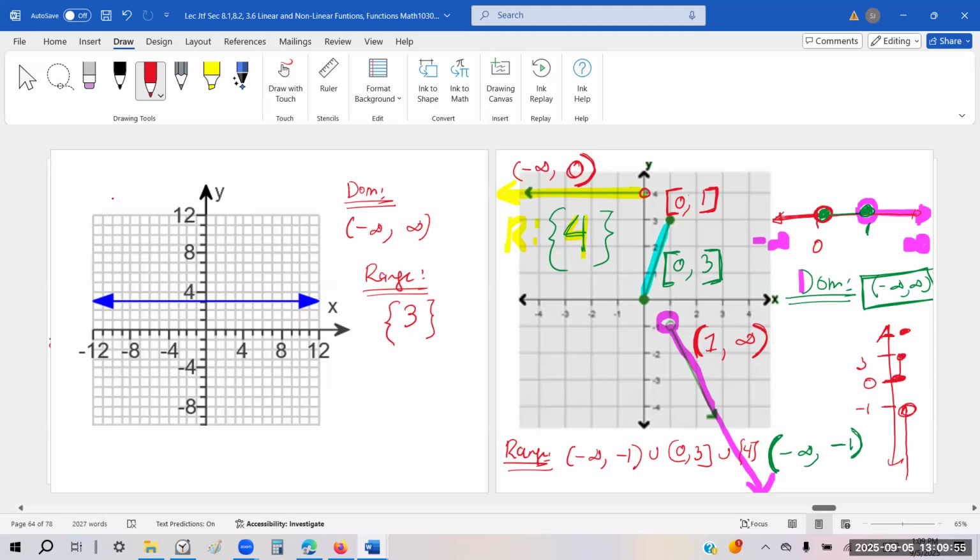It skipped a number and then started its journey again. Since it skipped, you cannot combine the two journeys together. So same graph, we can combine the x domain, but we cannot combine the y range. So for the y range, you have to write this entire thing.